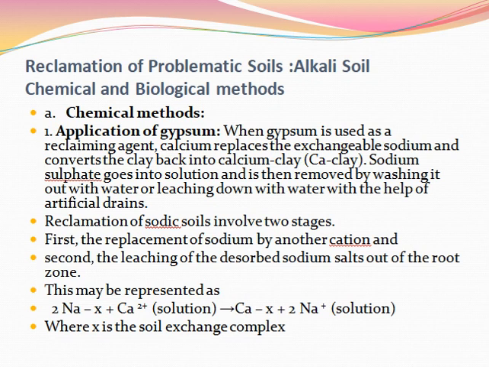Why have we used calcium sulfate? Because calcium is divalent in nature and has an ionic radius greater than sodium, so it easily replaces sodium on the exchange complex and converts the sodium dominated clay complex into a calcium dominated clay complex.